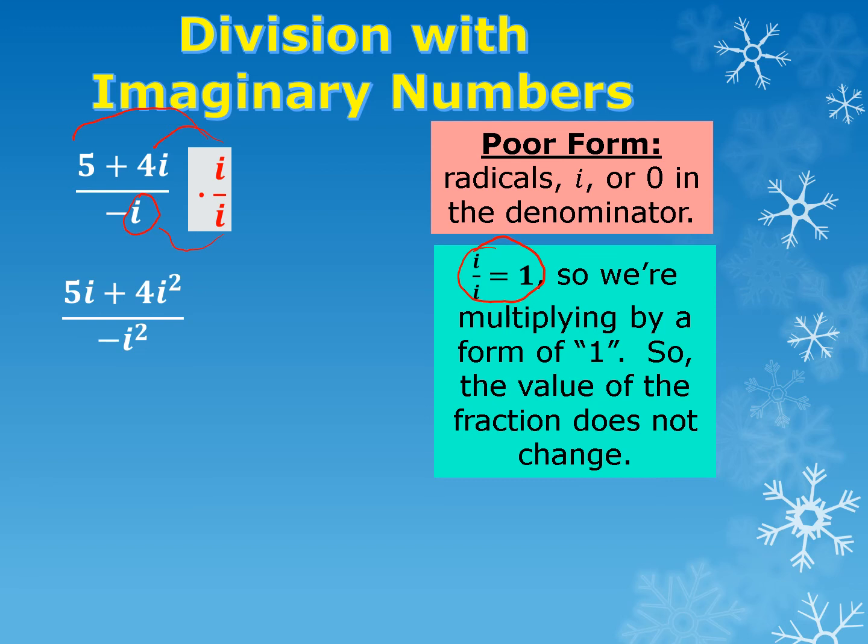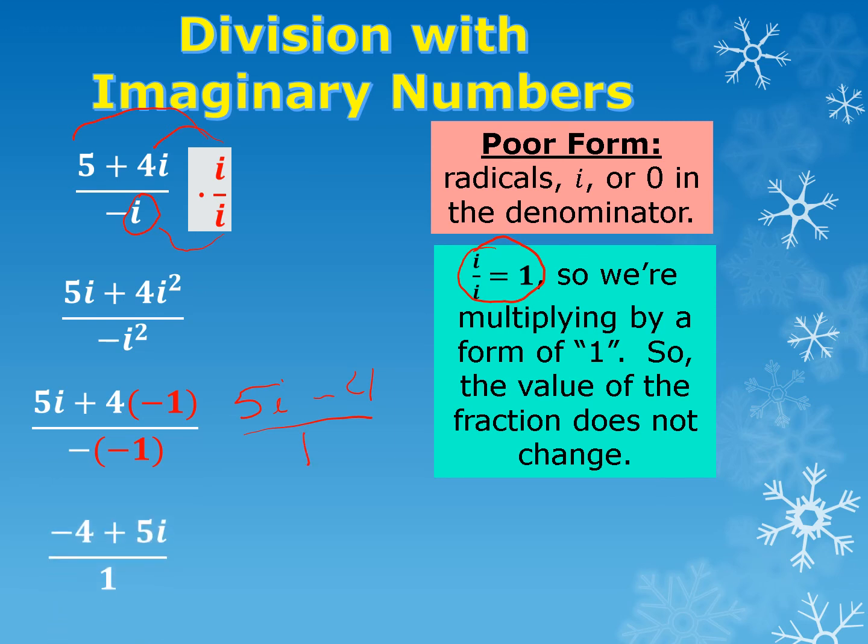Let's think back to that first slide. i squared is negative 1. So wherever I see an i squared, I'm going to convert that to negative 1. So up top, I end up with 5i minus 4. And in the bottom, negative negative is positive 1.